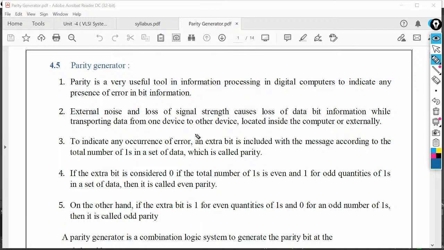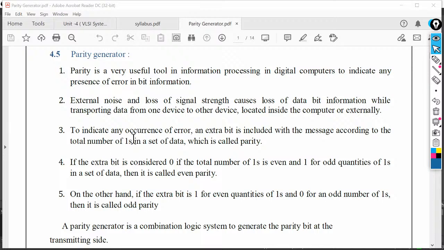The third point is that to indicate any error, an extra bit is included with the message according to the total number of ones in the set of data, which is called parity. Parity is nothing but some extra bit that is attached with the message signal to represent some necessary information to the receiver side.